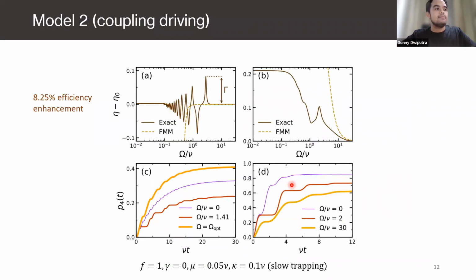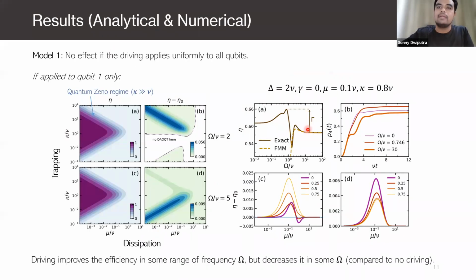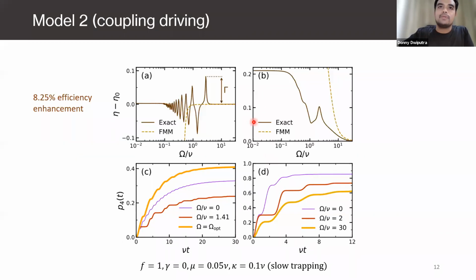And in the second model, we can see that the efficiency is actually higher near the coupling rates, and we have some kind of interesting oscillating pattern in the efficiency gain. We will see why this can occur in model 2, and in particular cannot occur in model 1, because of the population congestion mechanism.